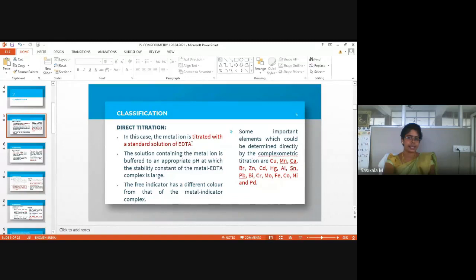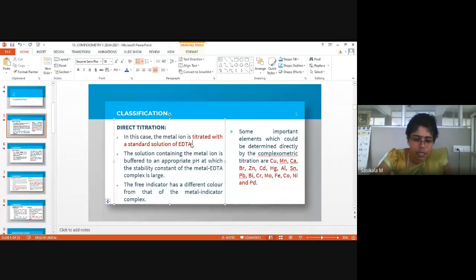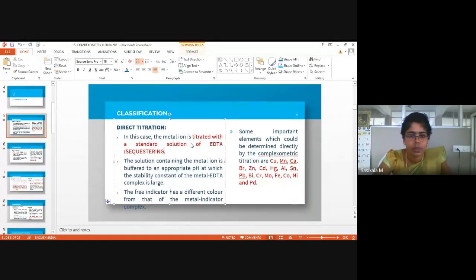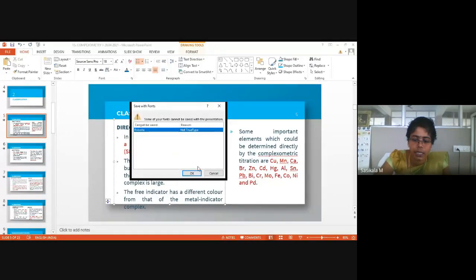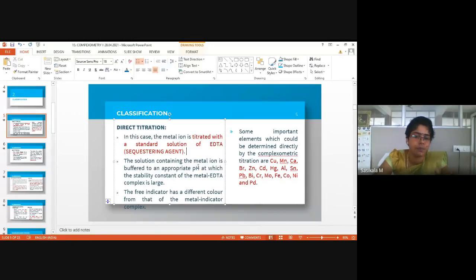So EDTA acts as a sequestering agent. The complex formed with EDTA will be water soluble, so EDTA has the nature of a sequestering agent.